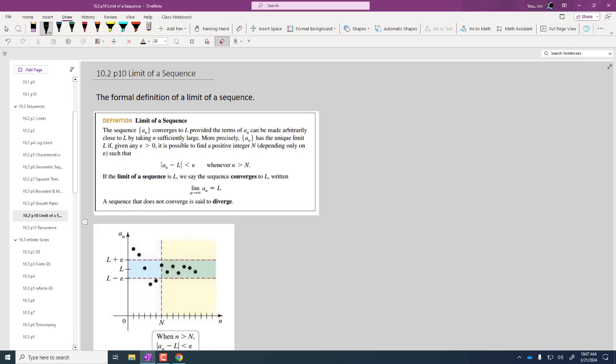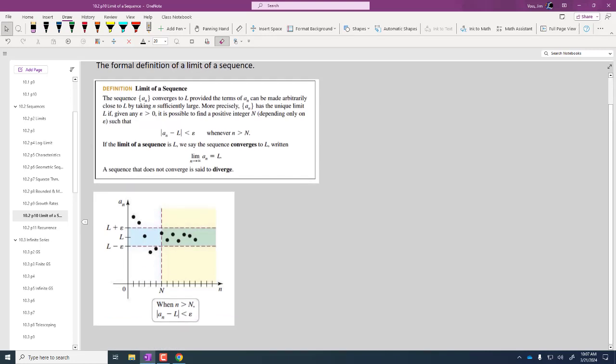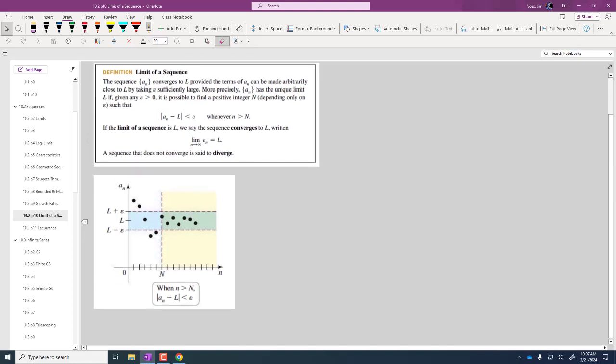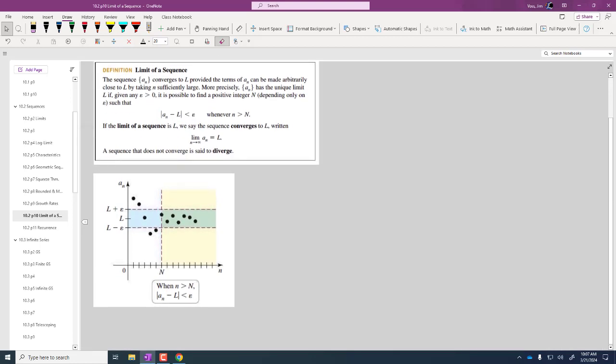Okay, so this is basically the Calc 1 definition. In Calc 1, you just called it the definition of a limit. Here we talk about the limit of a sequence, but it's the same idea. And so we talked about the idea of it last time. If you have a function that has a limit, so you imagine L being the limit of this sequence. Sequence is a function.